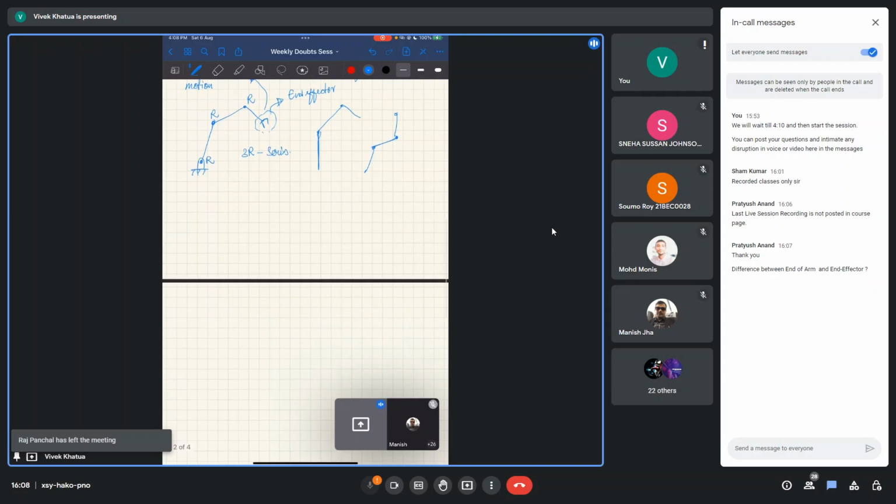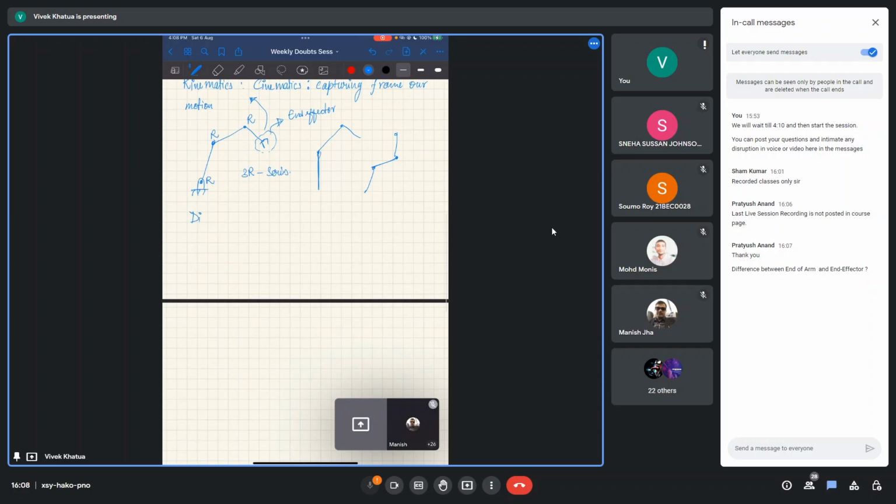So in robots, we are at most interested in two kinematics: direct kinematics and inverse kinematics.